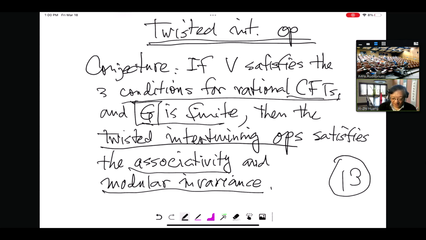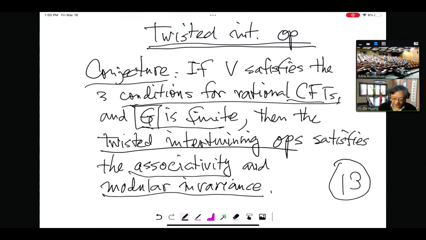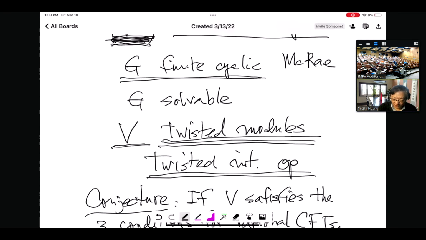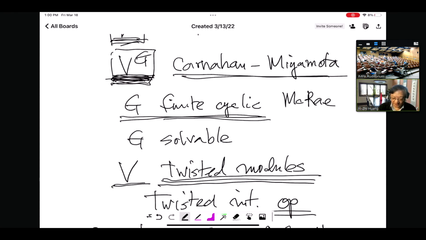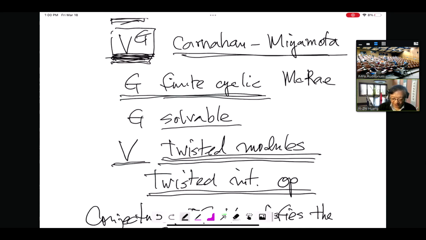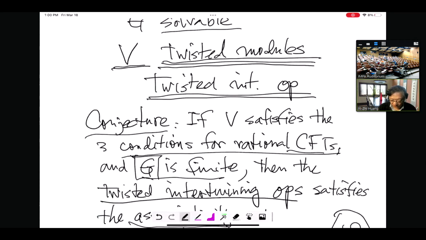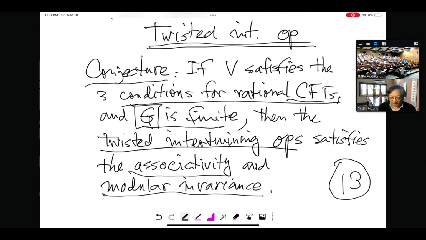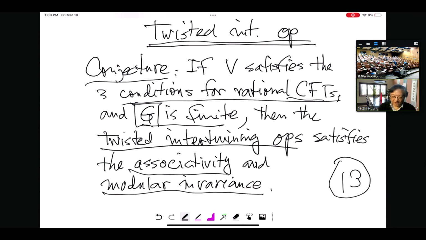Now for this conjecture, if you use the results of Kanade and Miyamoto, then in the finite cyclic and solvable case, we can actually have this result. But in general we do not have any results. If it's not essentially finite cyclic, there's no such result.